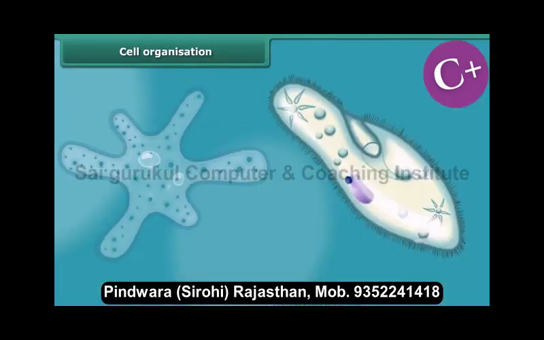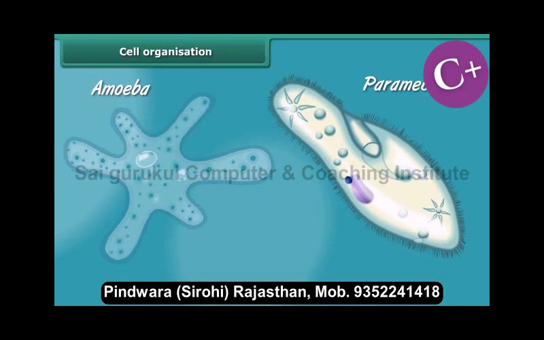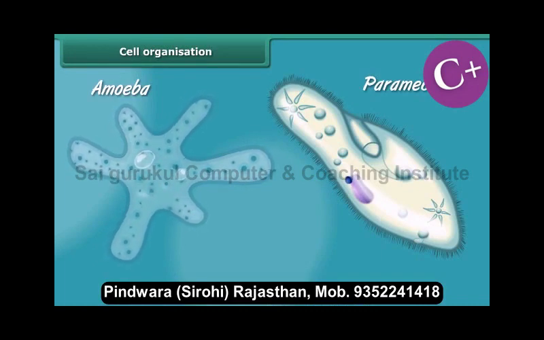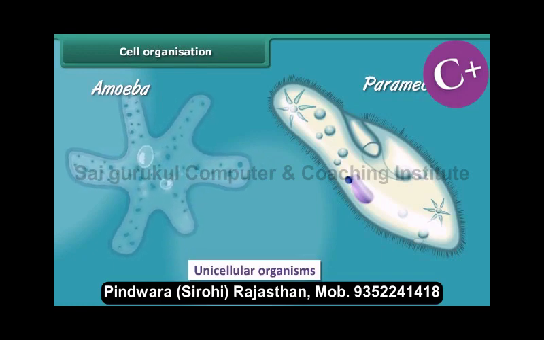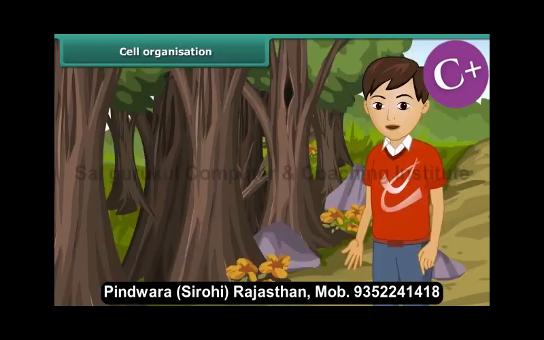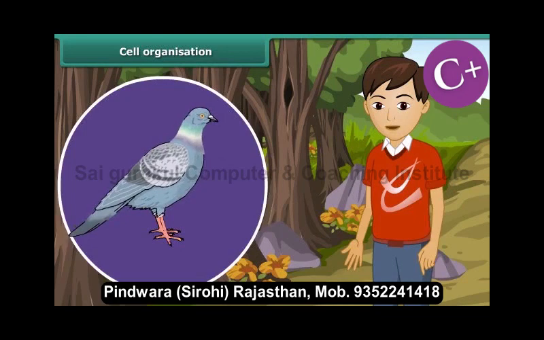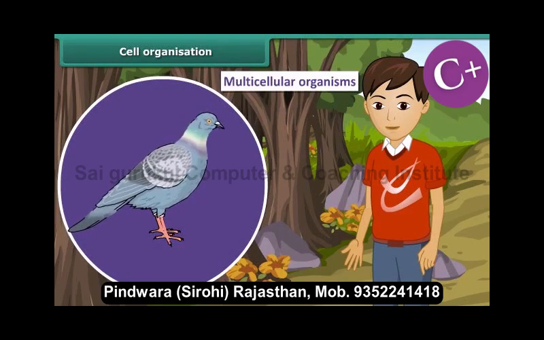Small-size organisms like amoeba and paramecium are made up of one cell. They are called unicellular organisms. Human beings, pigeons, and mango trees are made up of many cells, so they are called multicellular organisms.